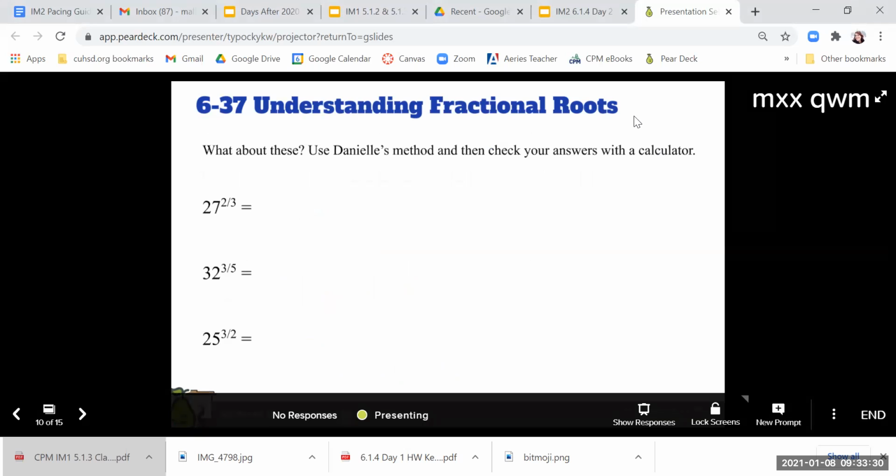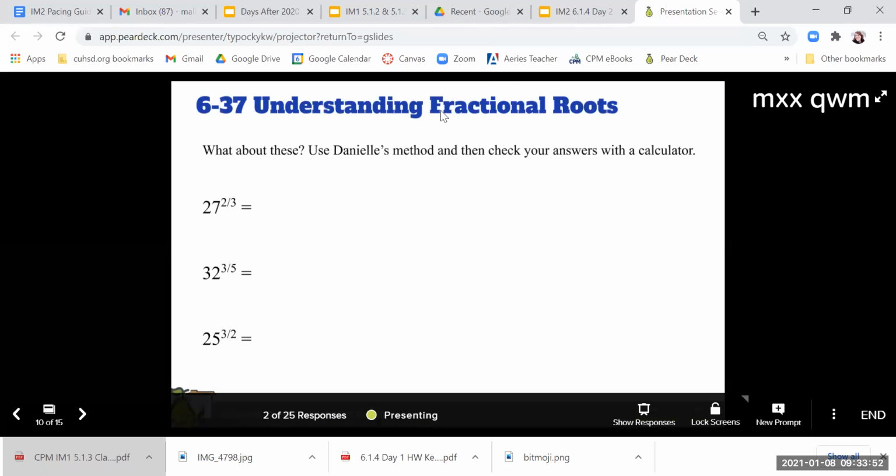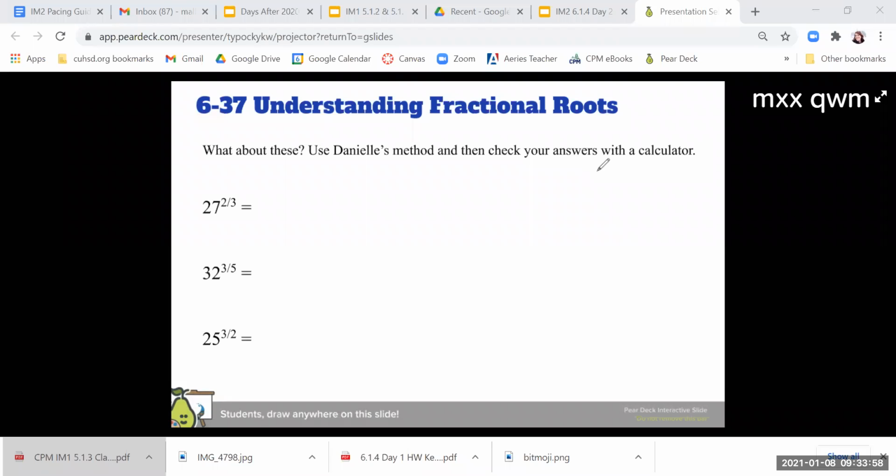Okay, so for this, can you see how our exponents are a little bit weirder? Our exponents are a little bit more complicated than just 1 over a number. But we're going to follow that same method. Notice how the denominator in the exponent, 27 to the 2/3, the denominator is a 3.